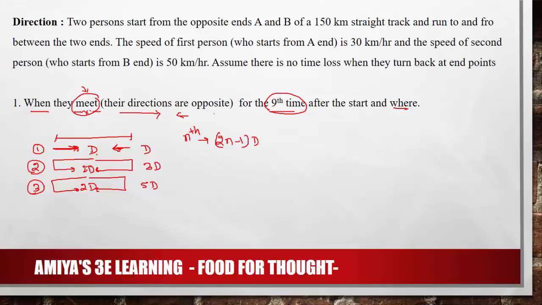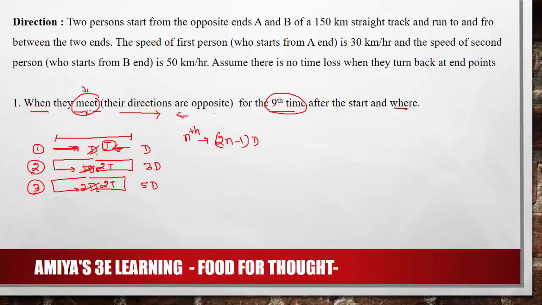I hope this one is clear. This is the total distance traveled by both the parties. Now, we can use the same concept for time. For the first meeting, if the time is t, then for the second meeting, the total time traveled by both parties is 2t. And for the third meeting, the total travel time again would be 2t, whether in time, seconds or hours.